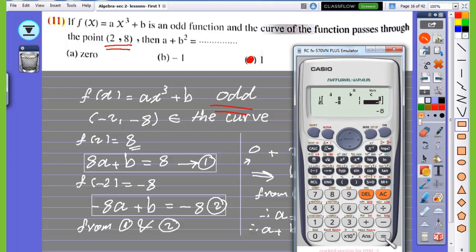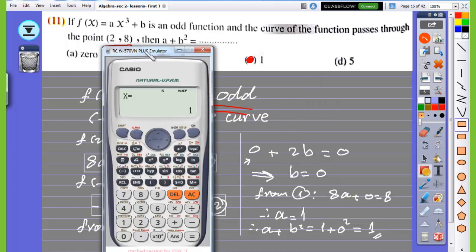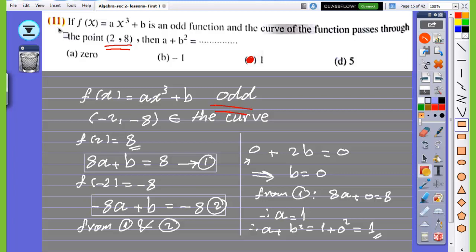Okay, and we have x equals 1, it's a, the first variable, and the other is 0. Of course, you have to know how to solve it in steps and how to solve it using a calculator. And question number 11 was the last question.